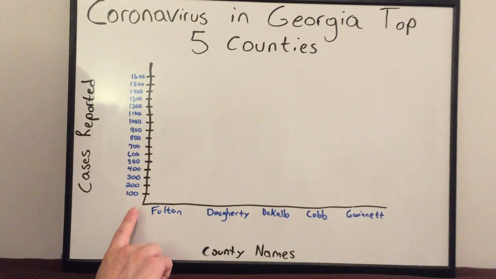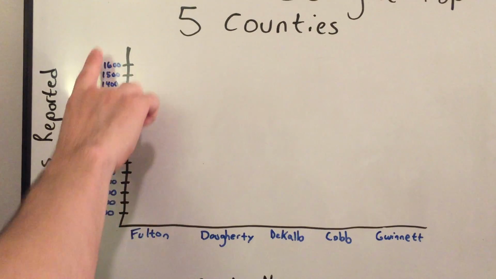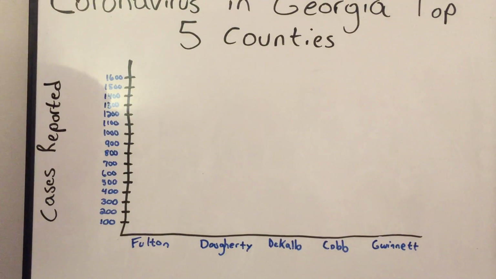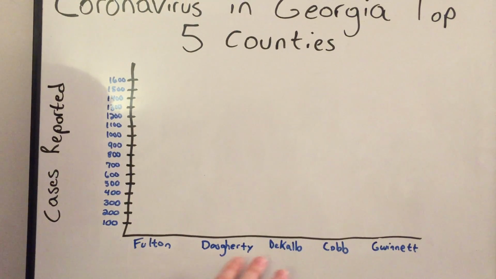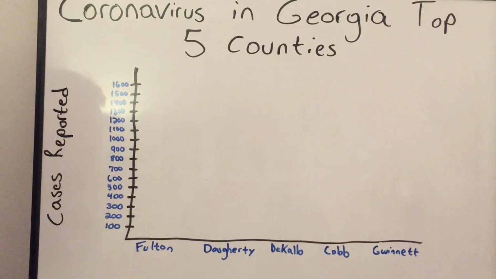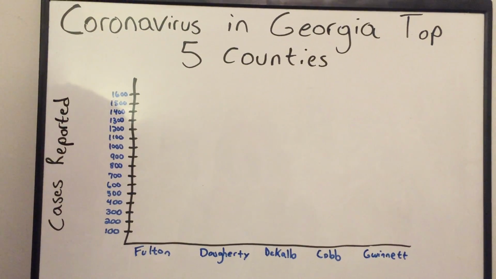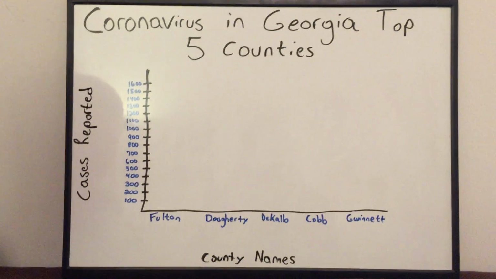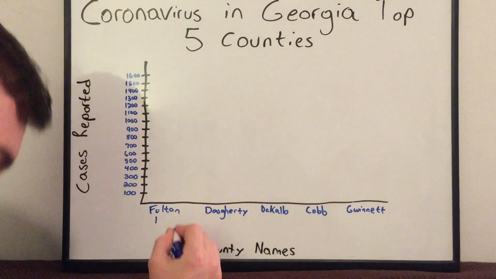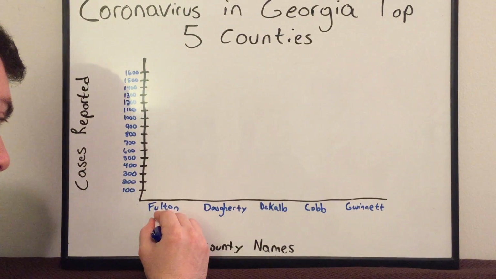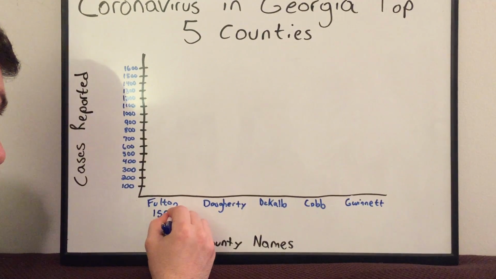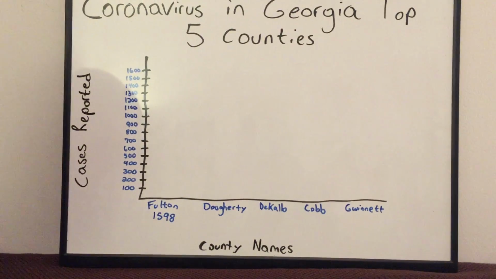Also, right here, I've written my numbers going up by 100s, and once I pop up what these totals are in a second, I will help to explain why I went up by 100. So let's take a look. It looks like currently Fulton is 1,598 cases.